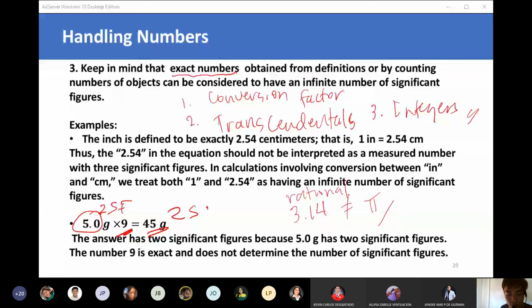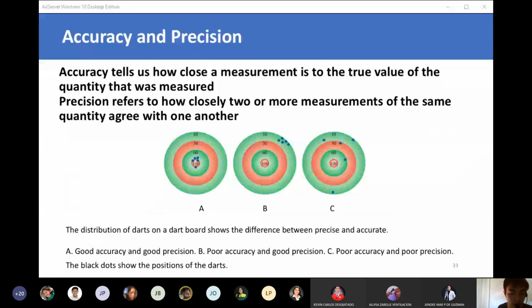So yun lang. And before I end, let's talk about accuracy and precision since we are in measurements. When dealing with measurements, there are two types of characteristics. We have accurate measurements and precise measurements, or both.